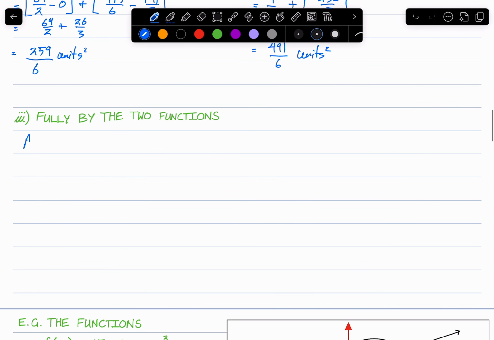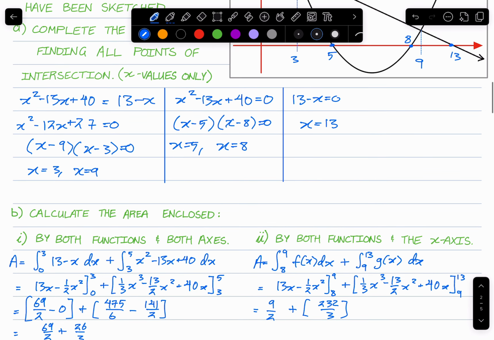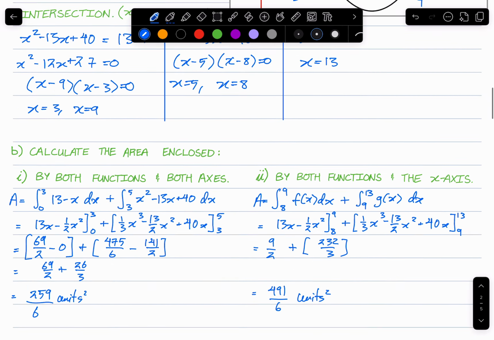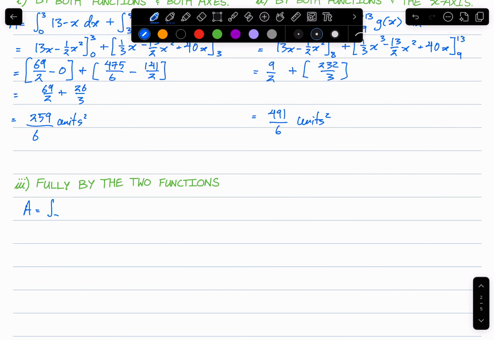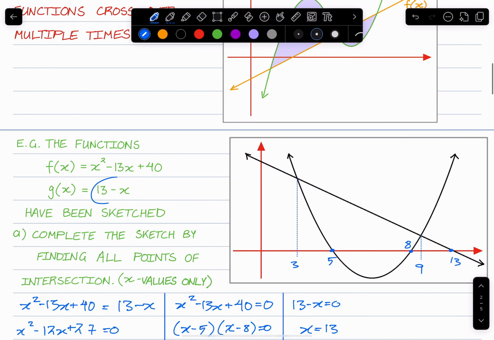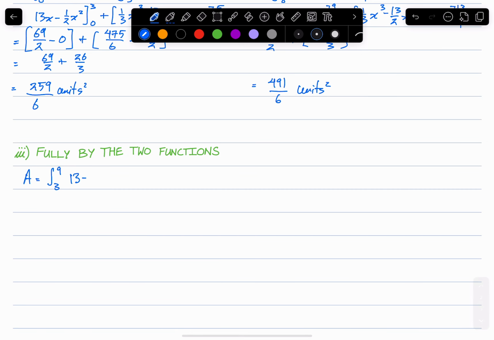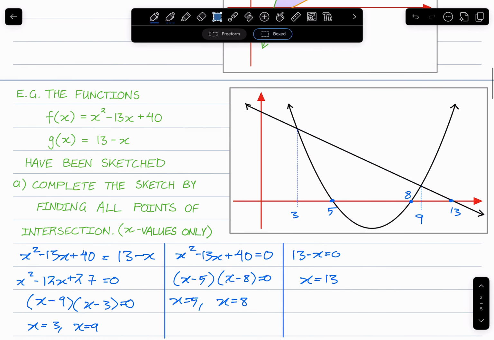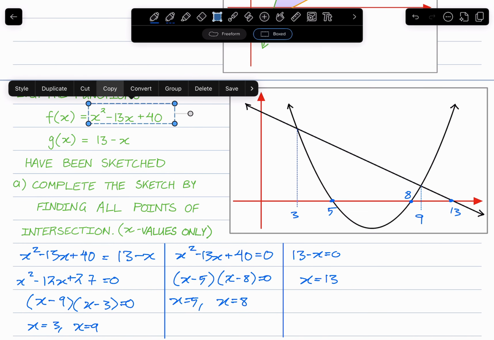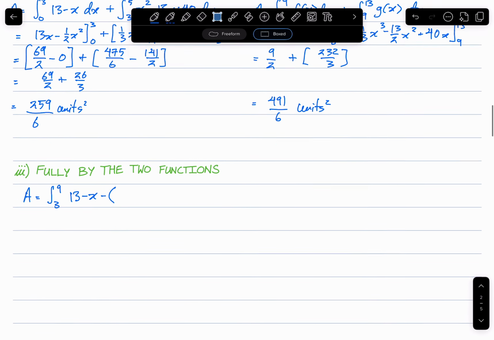So the area of this is going to be from 3 till 9 of the line, which was g of x, so 13 minus x, minus, notice how I'm putting this into a bracket, of our function x squared minus 13x plus 40.